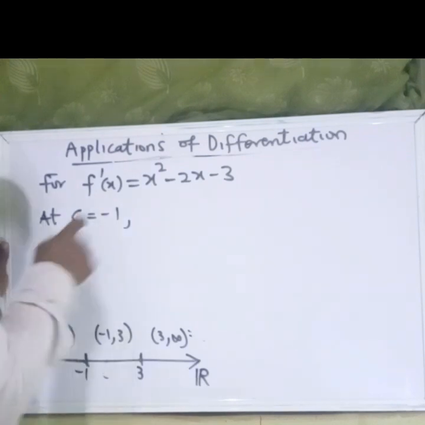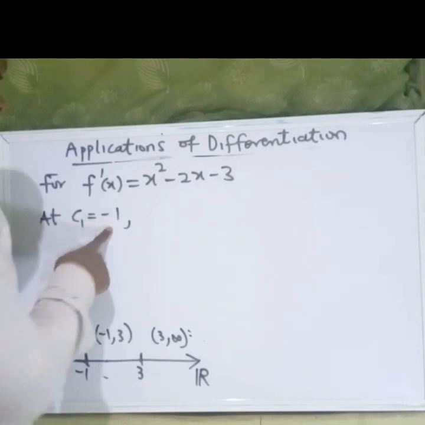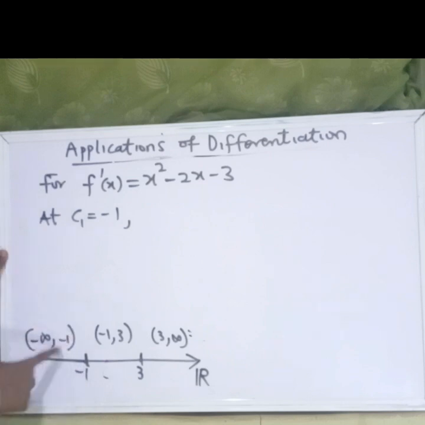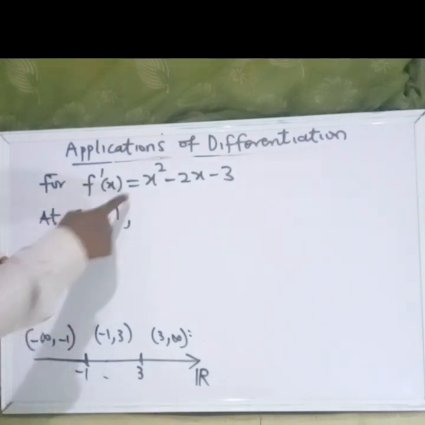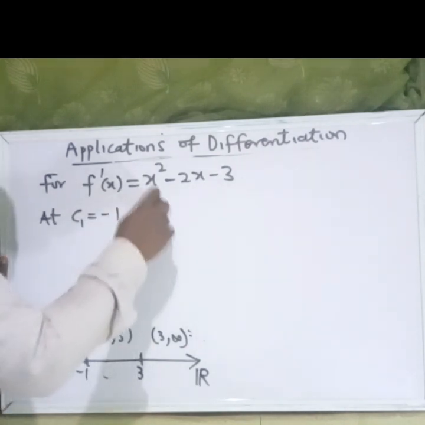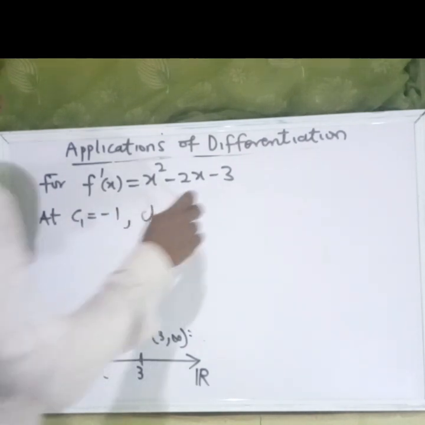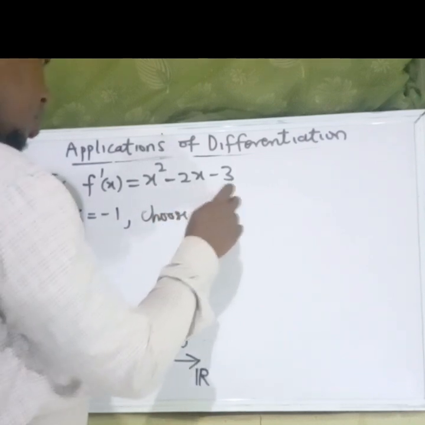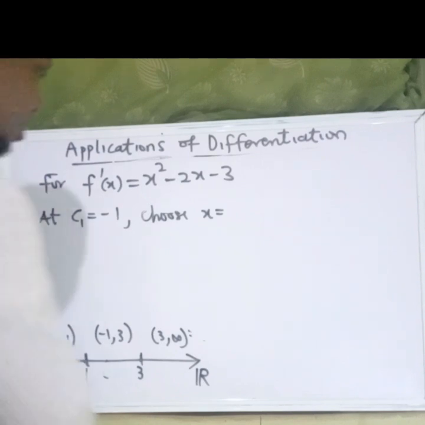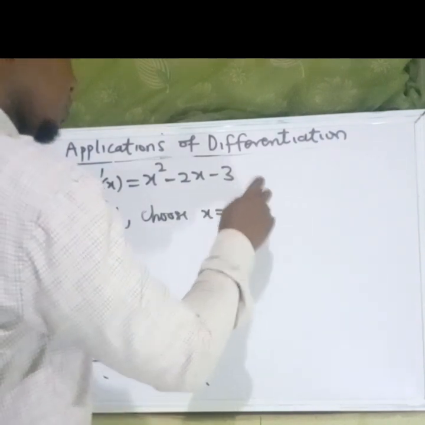Okay, so now as c equal to -1, from the left, that is from this portion, let's pick a number to see the behavior. Choose x equal to, let's pick an integer, a point very near to -1, that's -2.